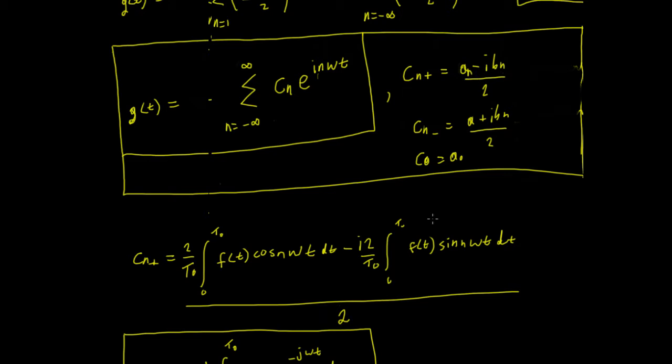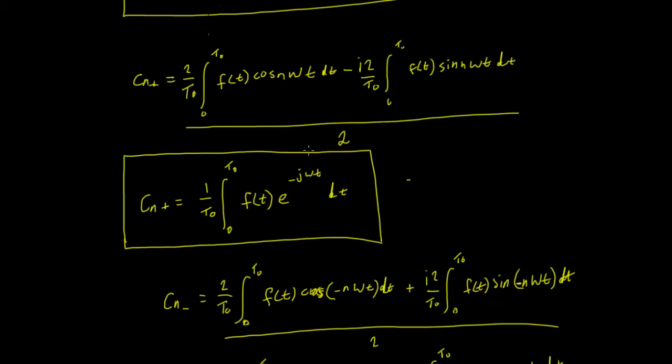And we'll take bn. The bn was 2 upon t naught, the integral from 0 to t naught of f of t sin n omega t dt, and we're going to multiply it by our value of i. Now whenever we take the factor of 2 away, so it's division by 2, the 2s cancel out. The minus i, we can take inside here, so it would be minus i sin n omega t.